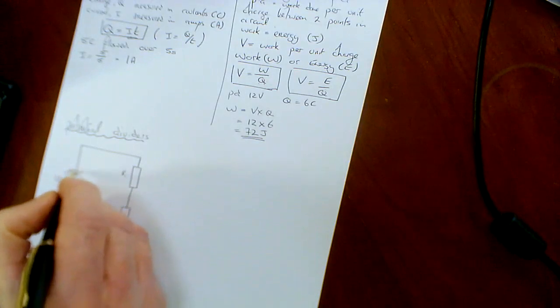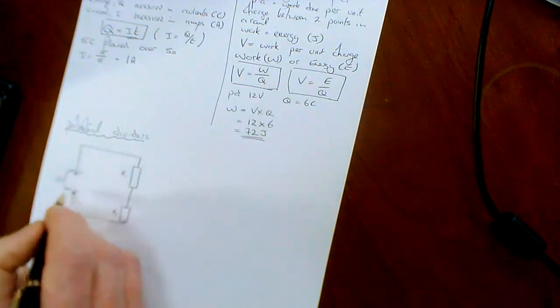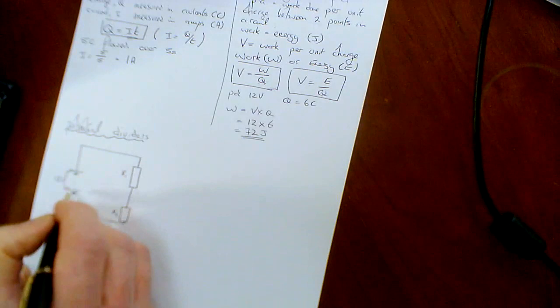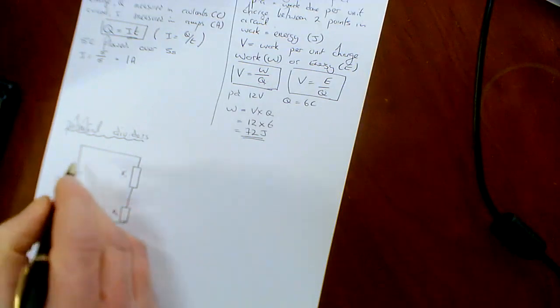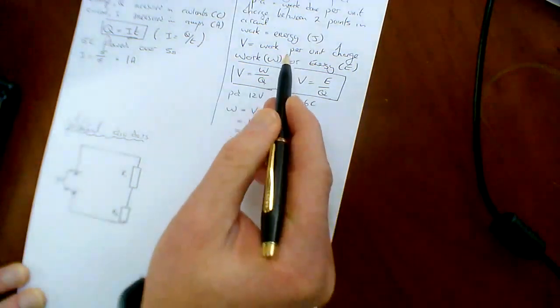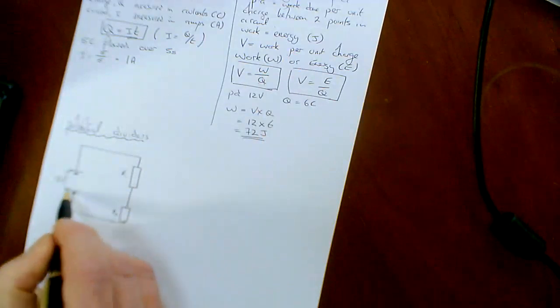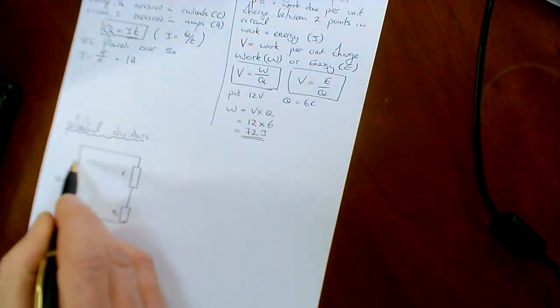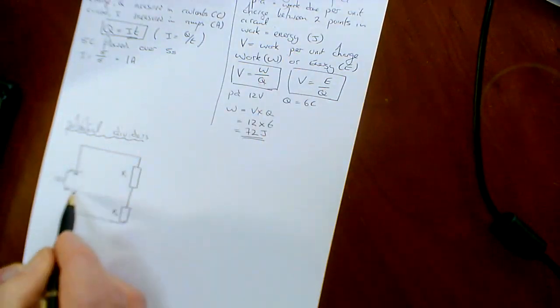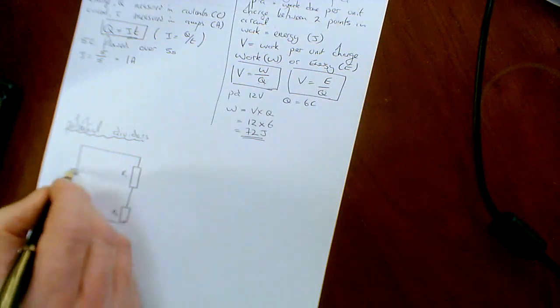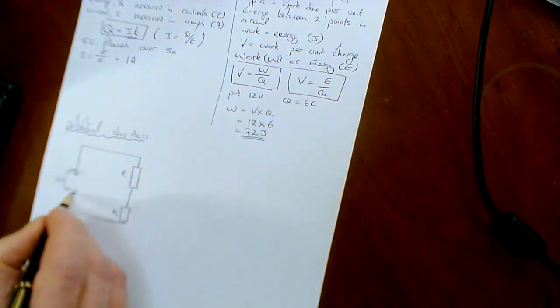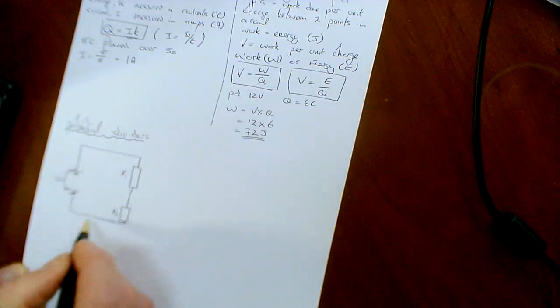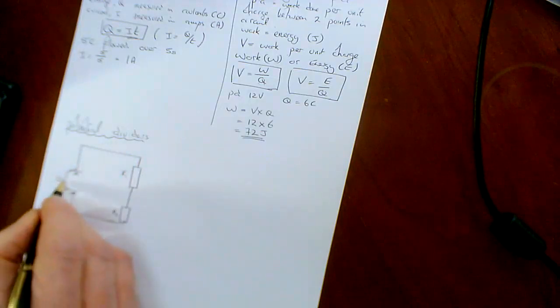And the total drop this way is 12 volts, right? So there's a gain of 12 joules per coulomb, and then there's a loss of 12 joules per coulomb going around the circuit. Now, however you get from here back to here, going around the circuit, you're going to drop 12 volts.